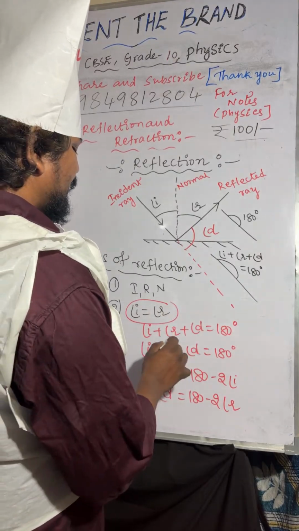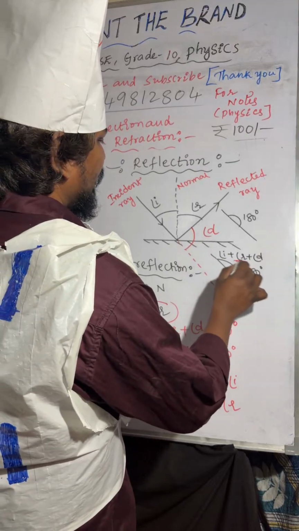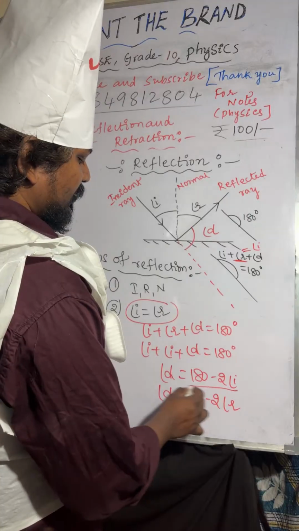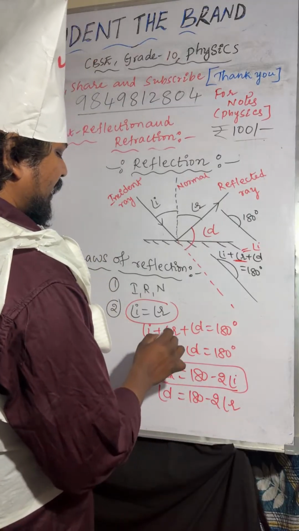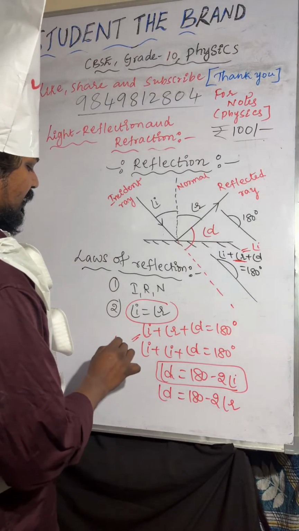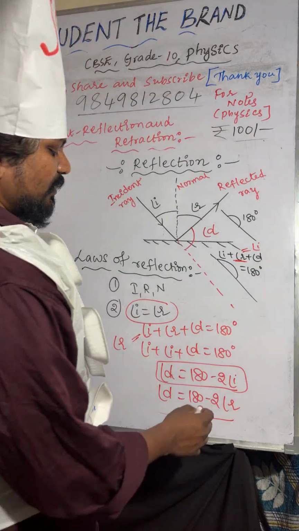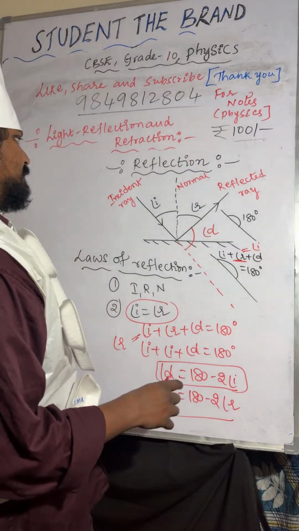So instead of angle of reflection, if we write angle of incidence, we get this formula. And if I write angle of reflection instead of angle of incidence, we get this formula: angle of deviation equals 180 minus 2 angle of reflection.